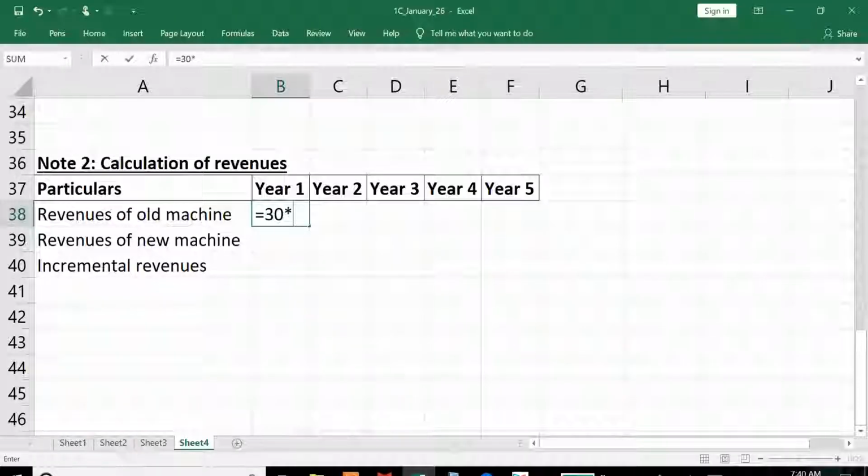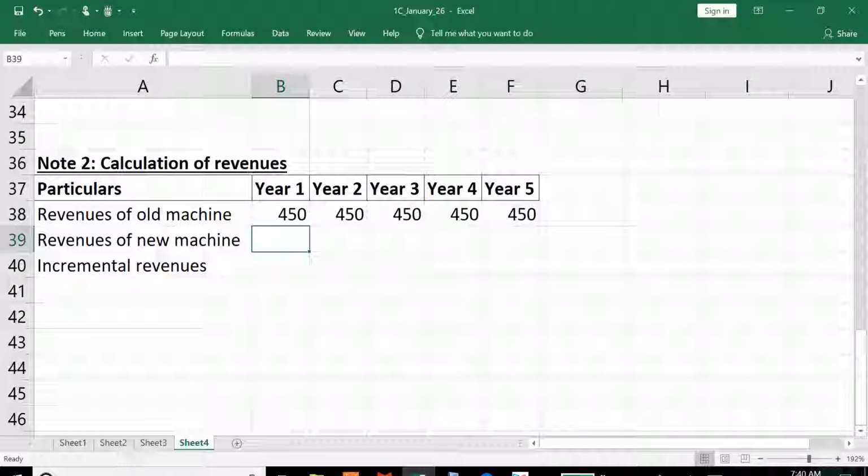So the old machine was generating this revenue every year: 30 lakh units into 15 rupees. New machine is this plus 20 lakh units into 15 rupees.